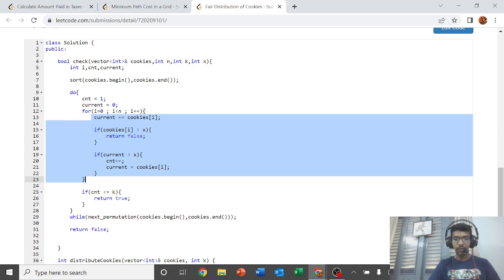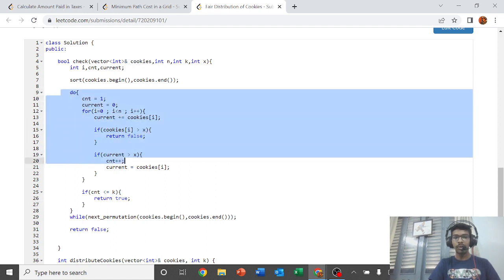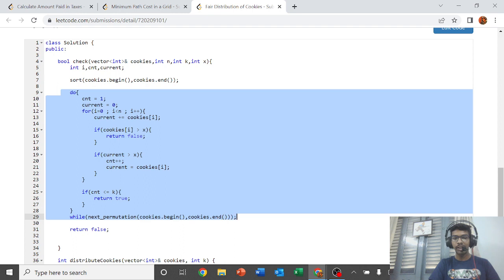And if the number of children needed is less than or equal to k, then we have found that that particular permutation is valid, and we can simply say that this particular value of x is valid. But if we have tried all the permutations and we still don't find any valid permutation, that means that the given value of x is not valid. So that is how the check function is implemented.